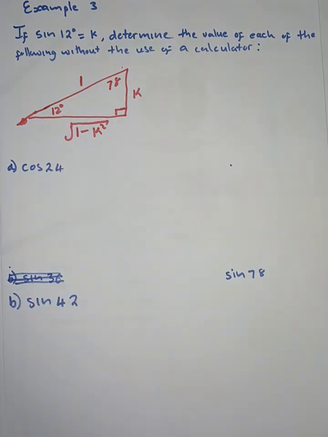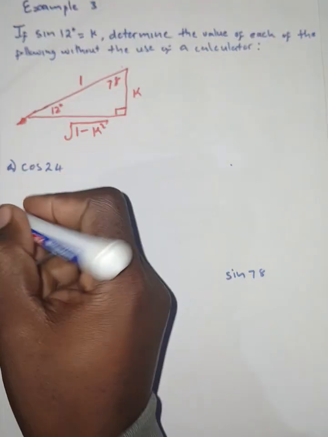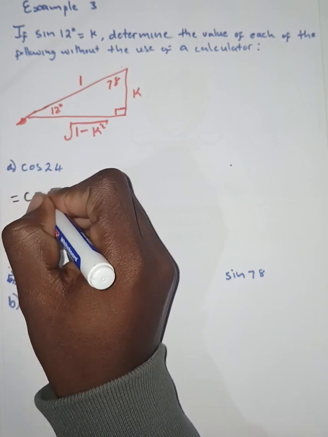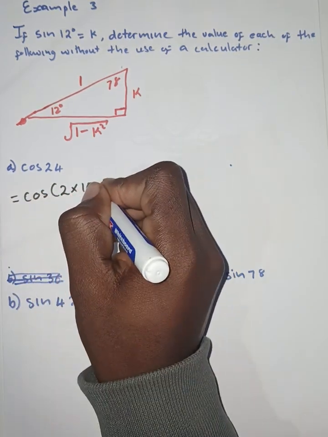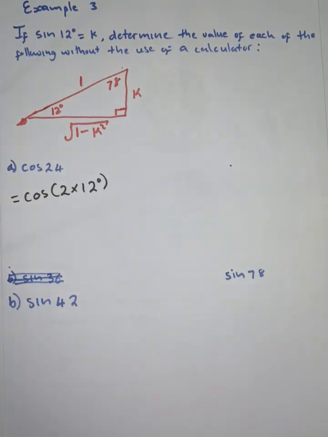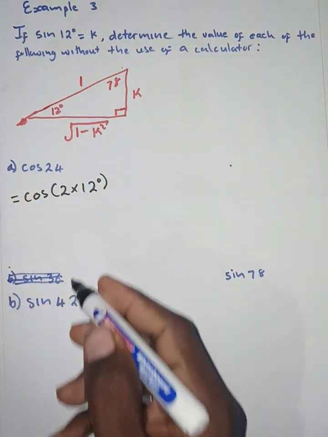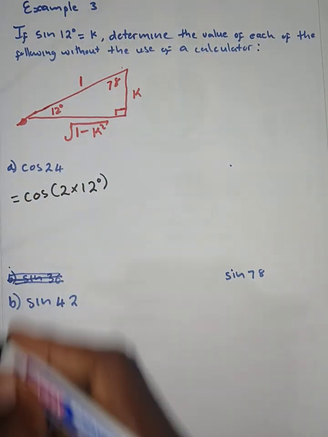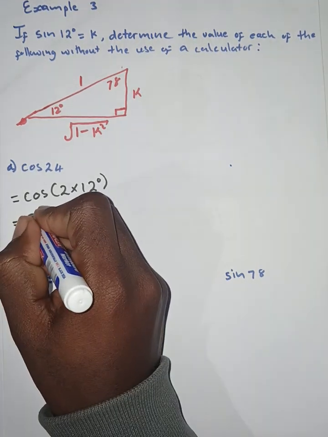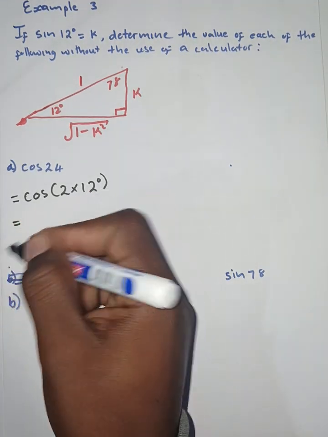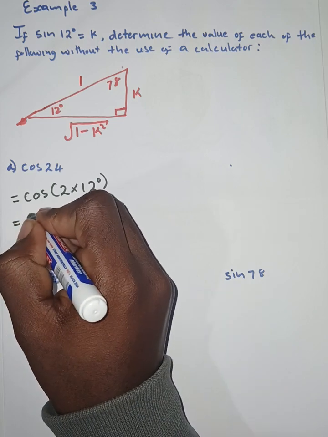So you can rewrite 24 as cos of 2 multiplied by 12. In this case, I'm going to use a double angle identity for cos. Let me take the second one for a change.